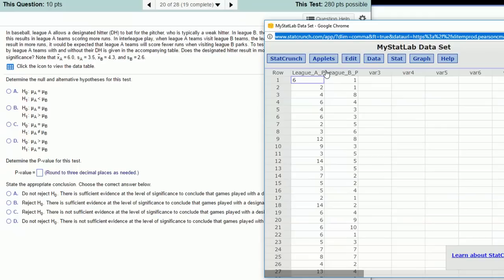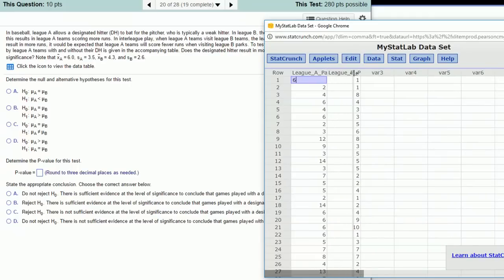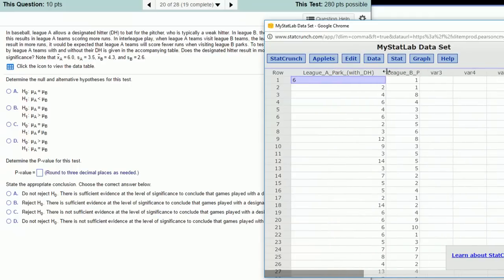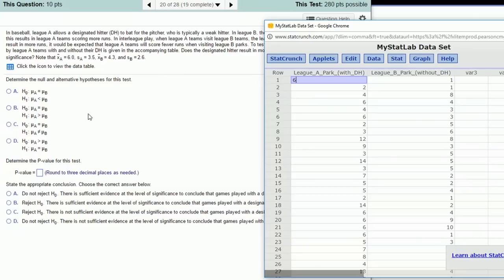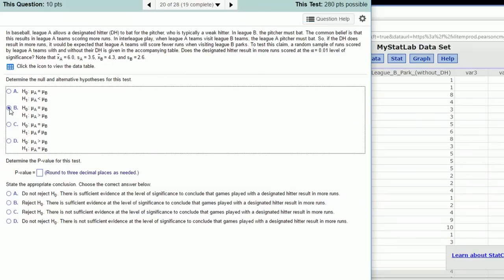So League A, the with designated hitter, is in A, and without designated hitter is B. So the alternative is that mu A is greater than mu B. That means the average number of hits is greater when there's a designated hitter. That's in group A. All right, so all that, let's just get a p-value.